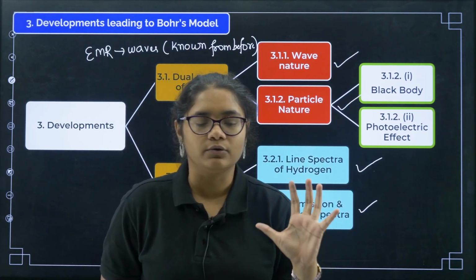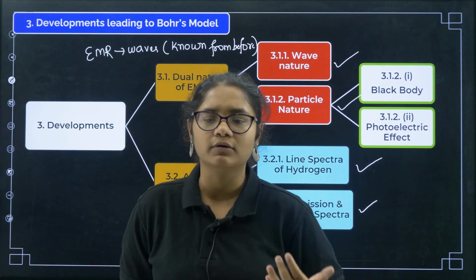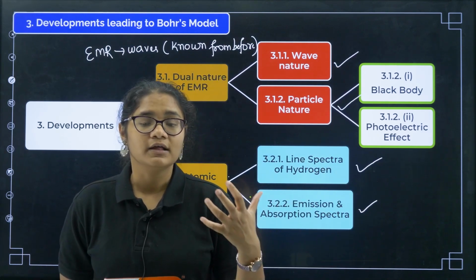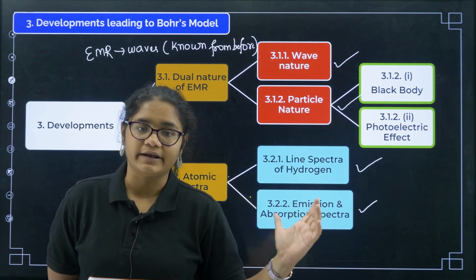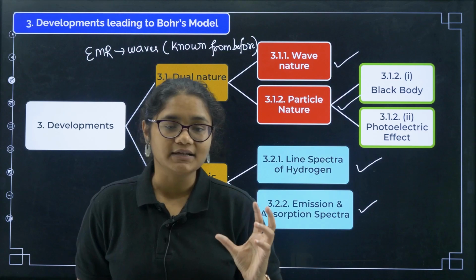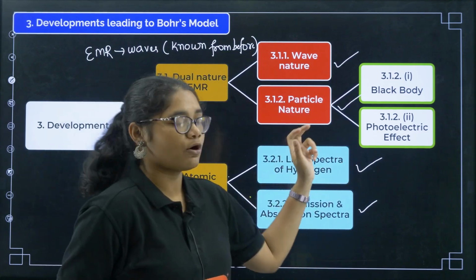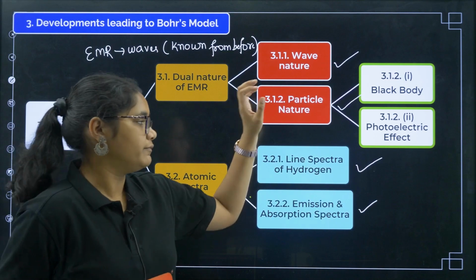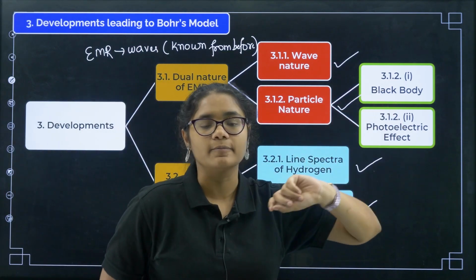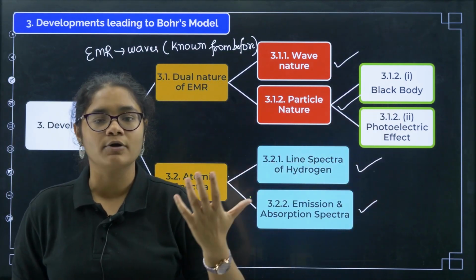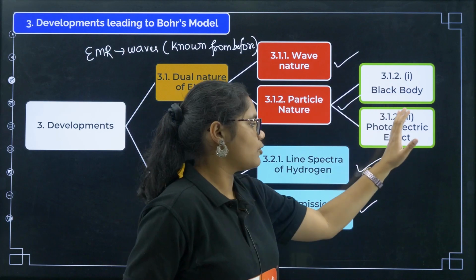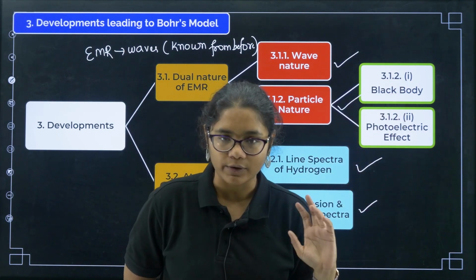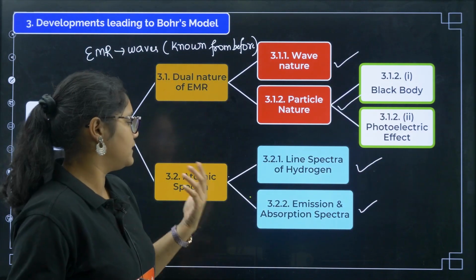That is all that was known about electromagnetic radiation. What was undiscovered was the particle nature, and this discovery came with two important experiments or observations, black body and the photoelectric effect. We'll understand them in a little detail.